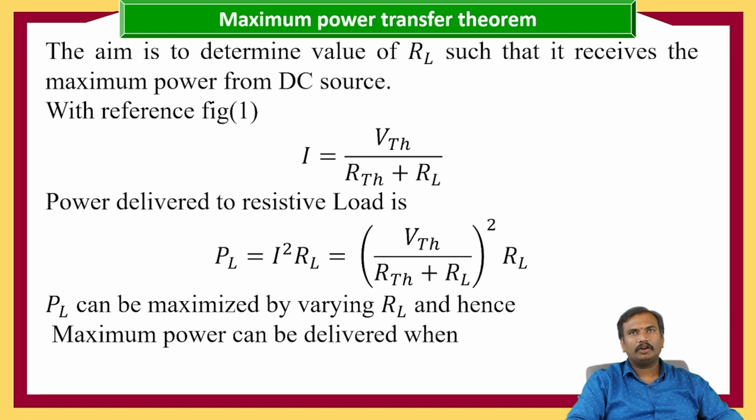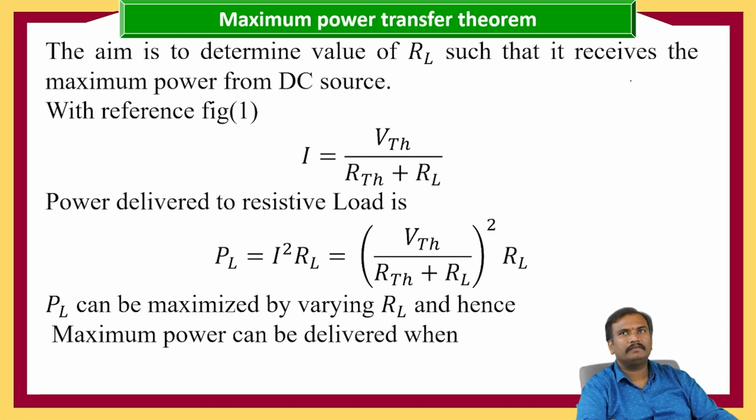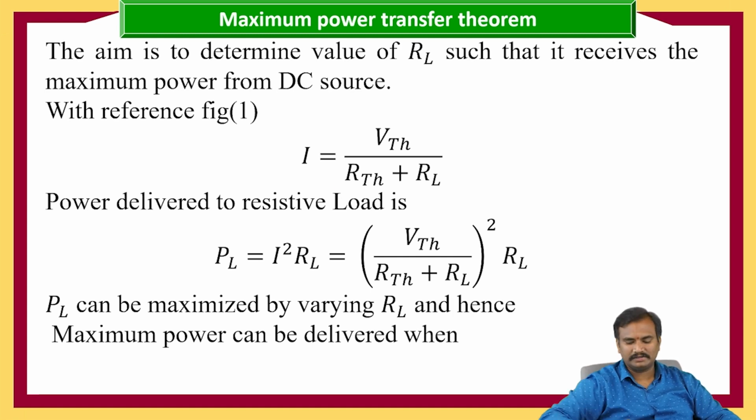Here we are going to calculate the value of load resistance such that it receives the maximum power from the DC source. So for that, I am writing I is equal to VTH by RTH plus RL.